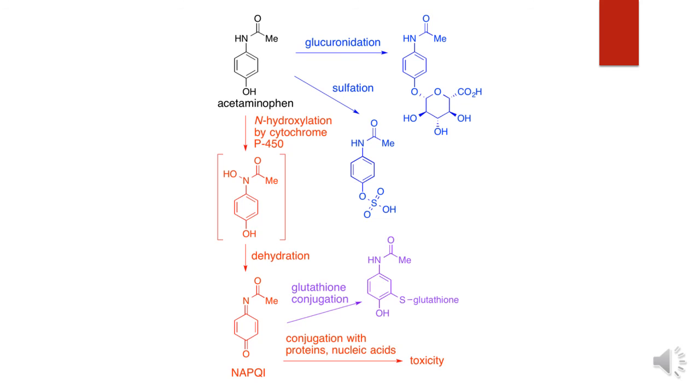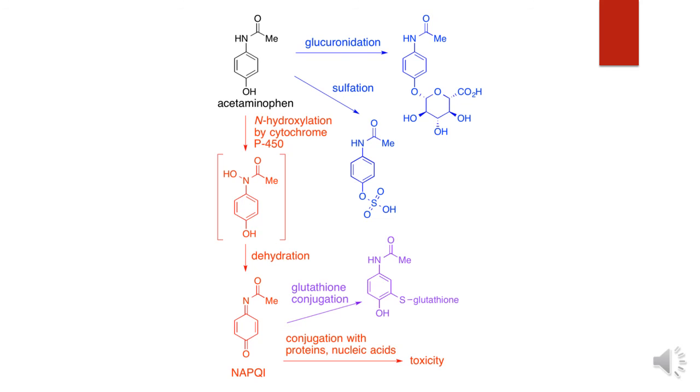But fortunately, this is only phase 1 of a 2-phase reaction, and NAPQI is quickly converted through a phase 2 reaction by conjugation with glutathione into a non-toxic substance that can then be rapidly excreted into the urine. However, when you take an overdose of acetaminophen, the sulfonation and glucuronidation pathways are rapidly saturated and force the larger proportion of the acetaminophen down through the phase 1, phase 2 pathway of the cytochrome P450.